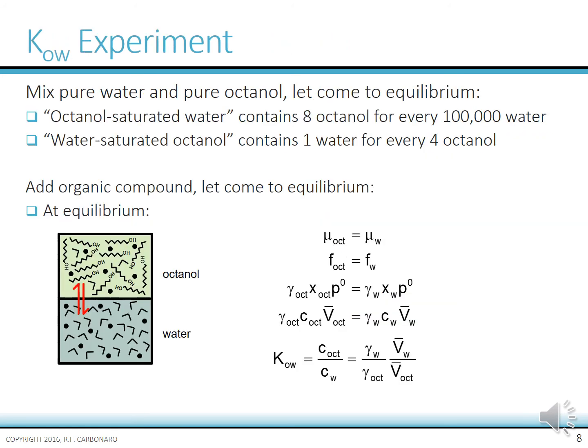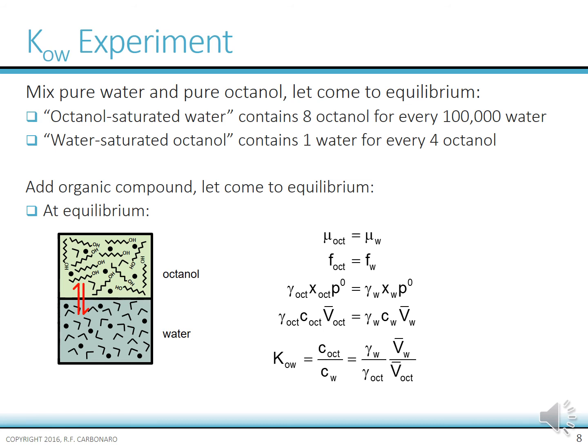So now that we've gotten the octanol and water partitioning out of the way, in terms of how much water will partition into the octanol and how much octanol will partition into the water, as we saw in the previous slide, far more water gets into the octanol phase than octanol gets into the water phase.